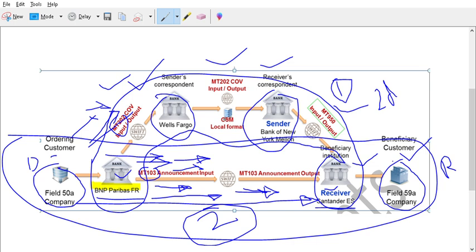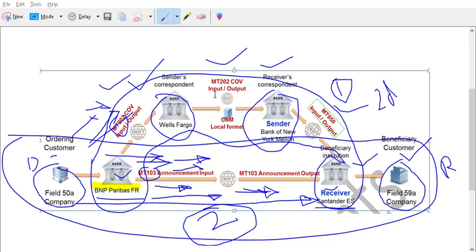So this is also very helpful for the receiver bank, that the payment is in transit. It may be received after some days. Okay, so this is also one piece of information. MT202 cover is needed because of the corresponding banking networks and the complexity of the international fund movement. The meaning of complexity here is that there may be more than 2 banks involved, 2 or more correspondents, and maybe different exchanges also.